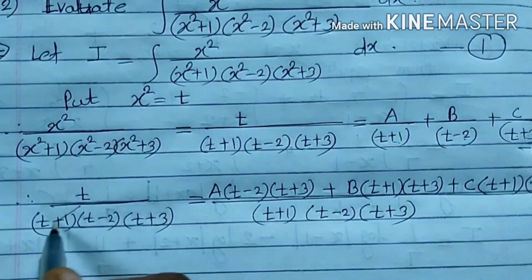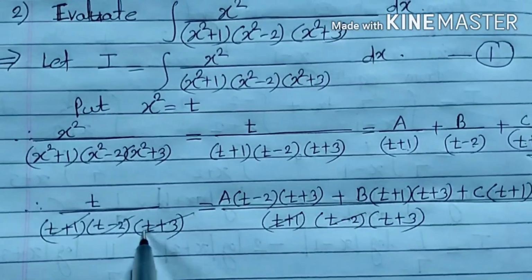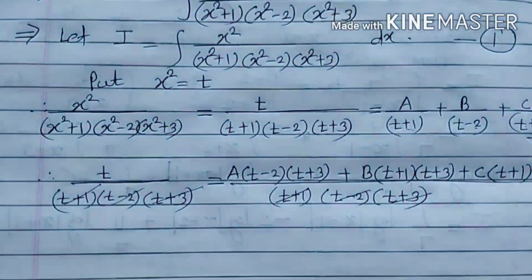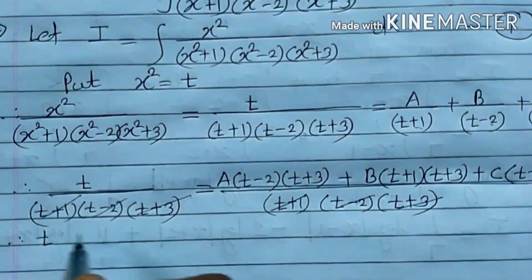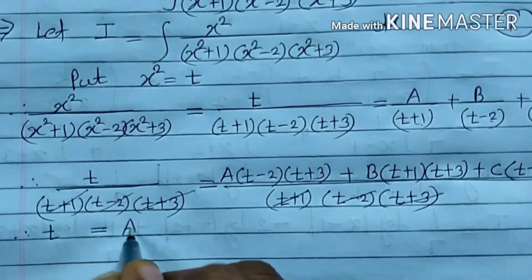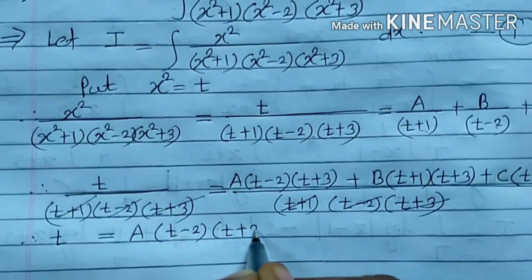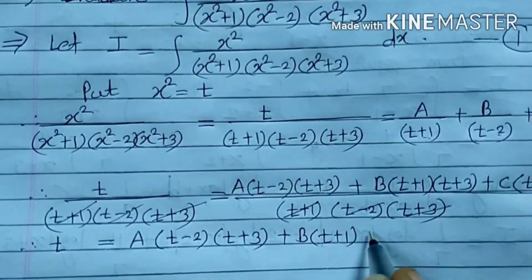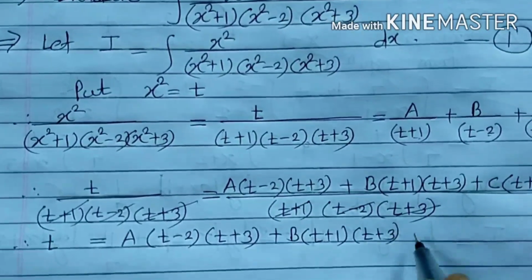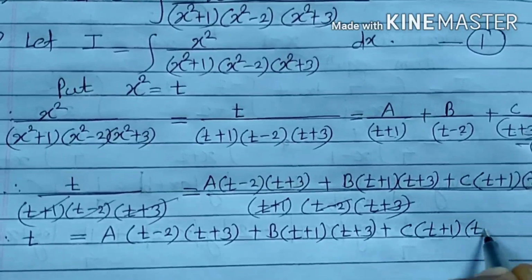Now you can cancel the t plus 1, t minus 2, t plus 3. So you get t is equal to a into (t minus 2)(t plus 3) plus b into (t plus 1)(t plus 3) plus c into (t plus 1)(t minus 2).